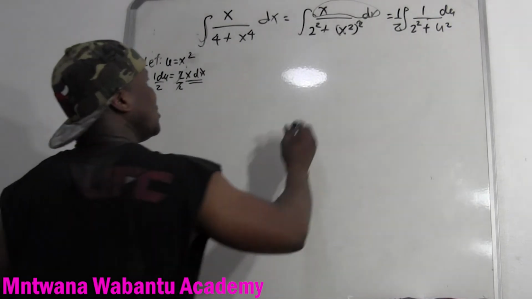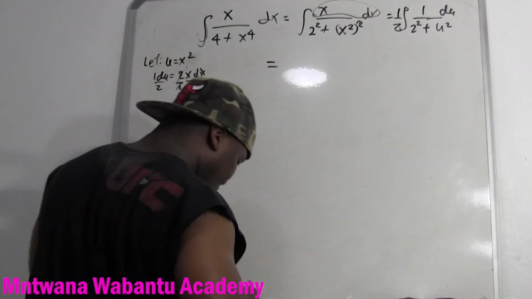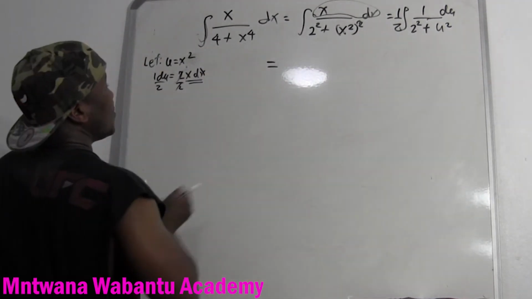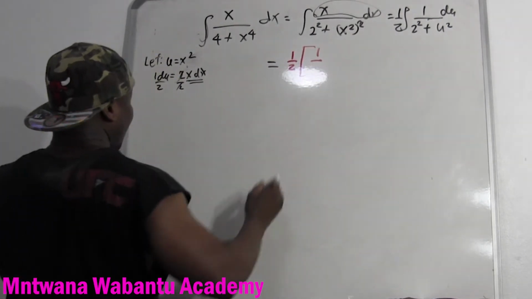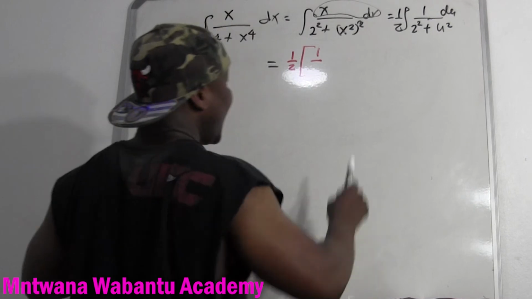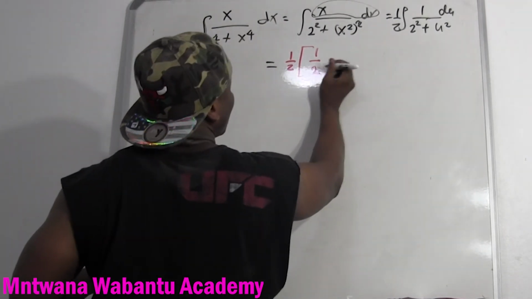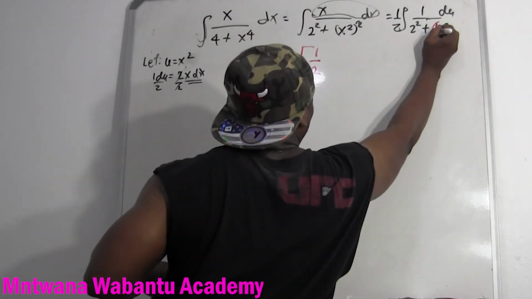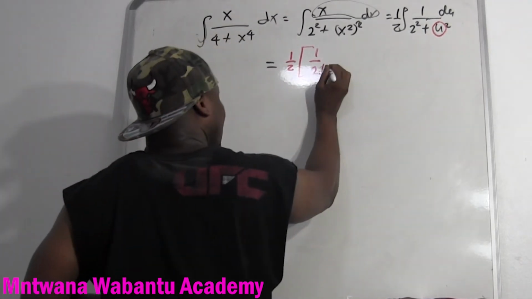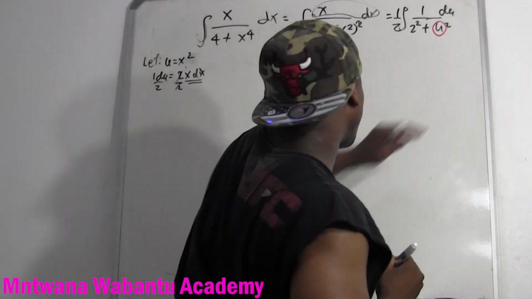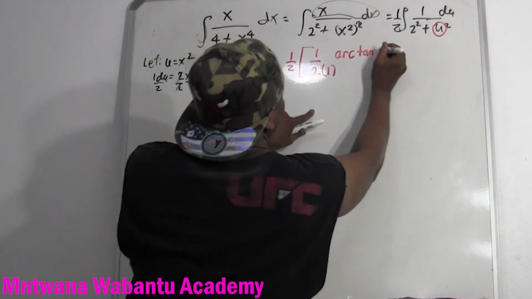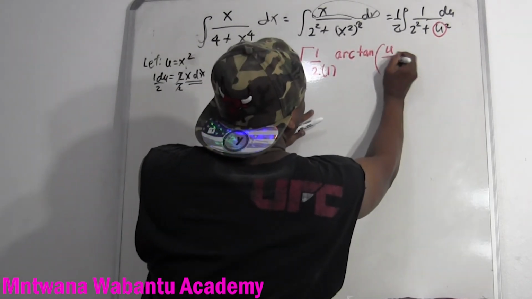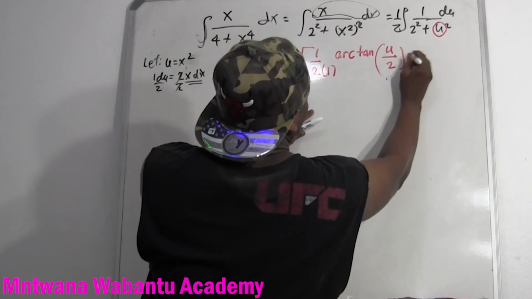So 1 over 2 is still there, then 1 over a. What is a? a equals 2. Then differentiate whatever is inside, u gives you 1, you only differentiate without the square. Then arctan of u over 2, plus constant.